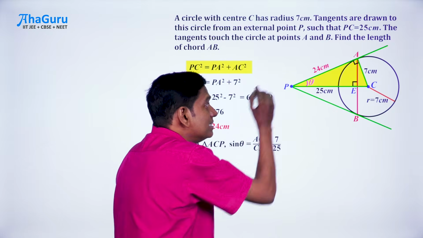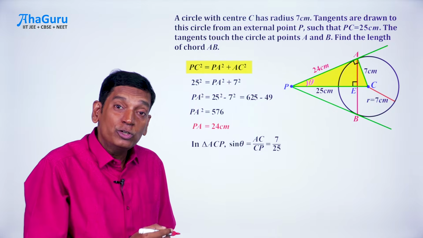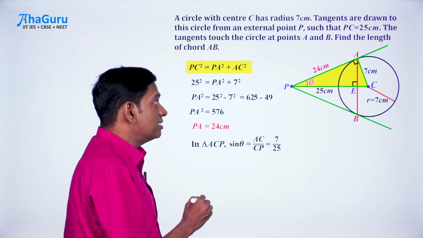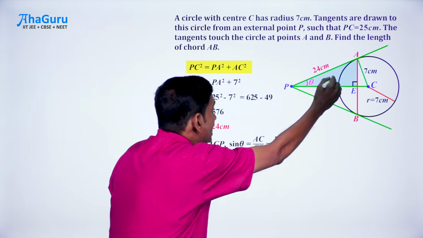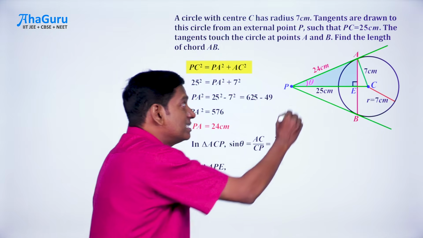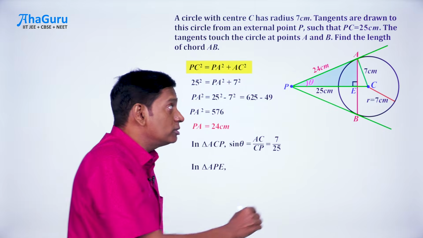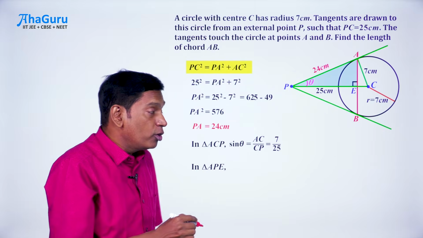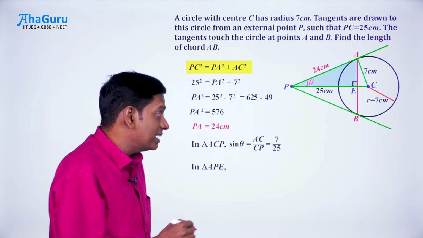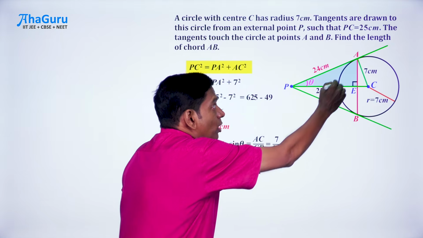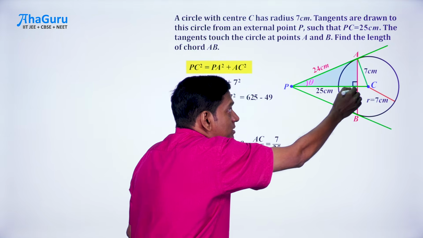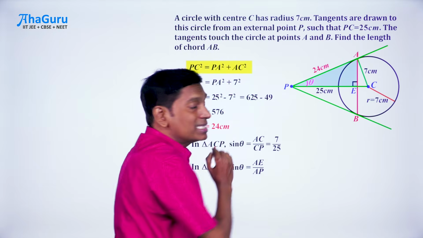But this angle theta is also part of another triangle. What is that triangle? Triangle APE also has the same theta, and that is also a right triangle. Therefore, we can use trigonometry and write sin theta equals opposite by hypotenuse, opposite is AE, hypotenuse is AP.